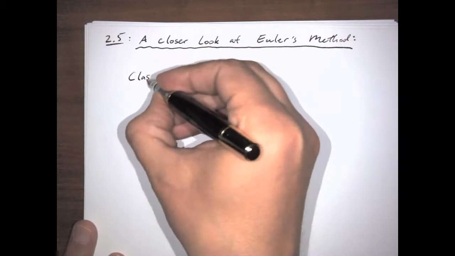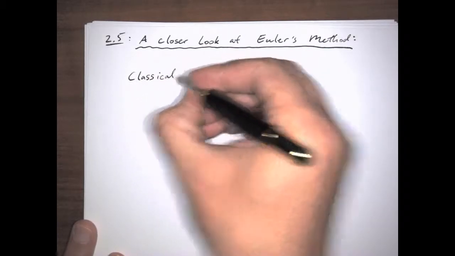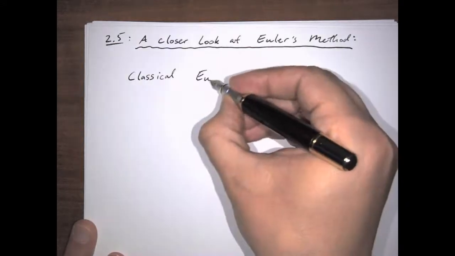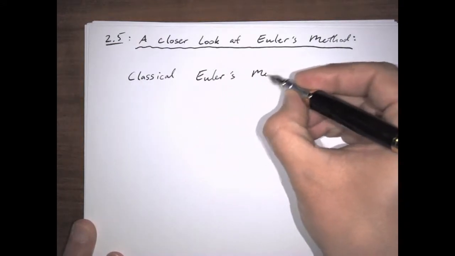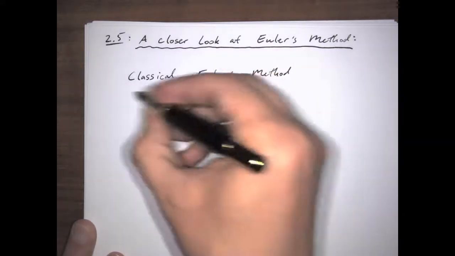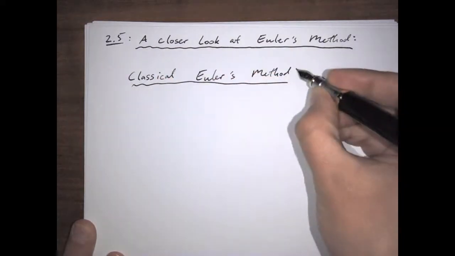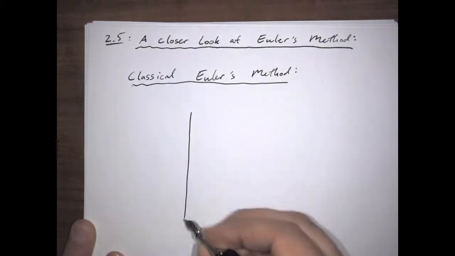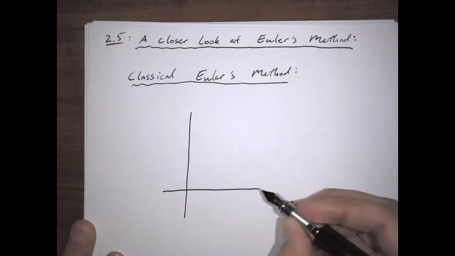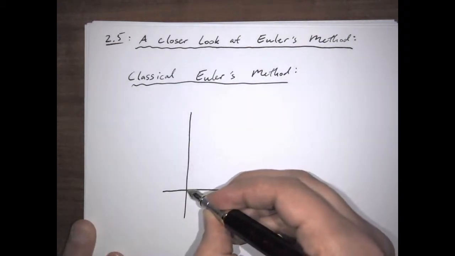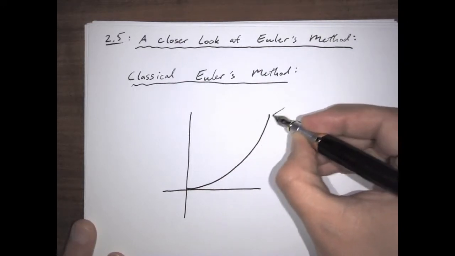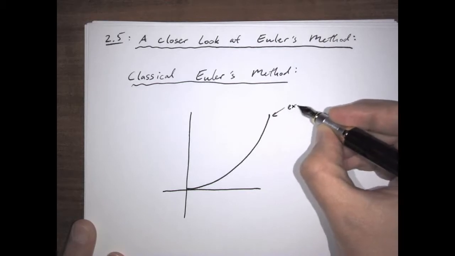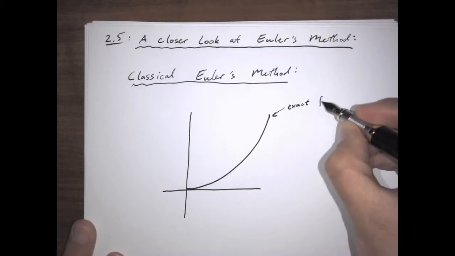So, classical Euler's method. Let's just imagine that what we have here is something like this. Let's say this is the exact solution that we should have been getting.